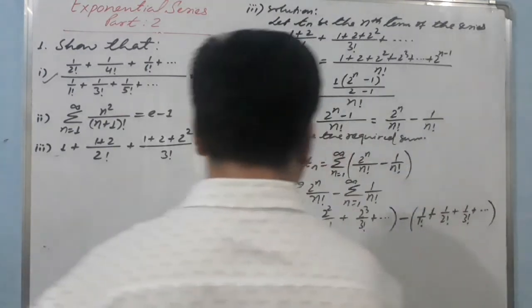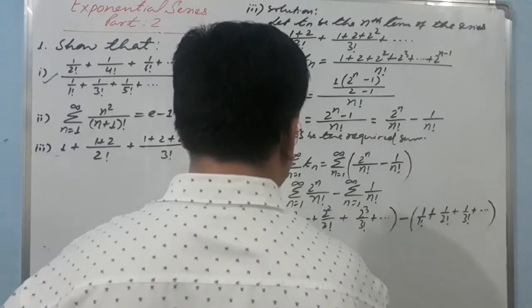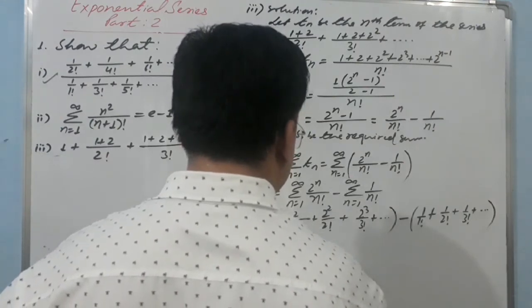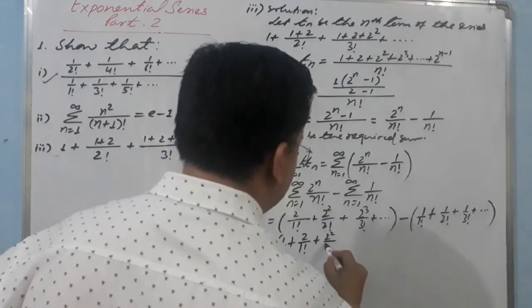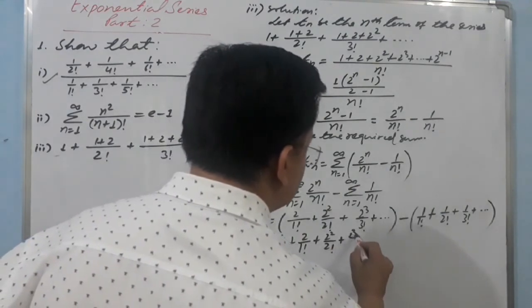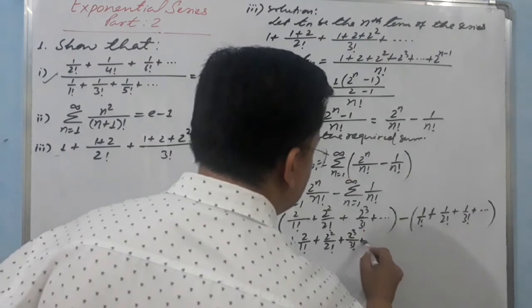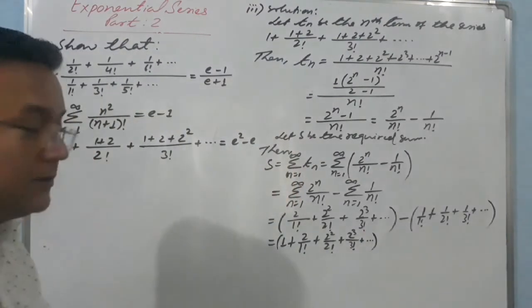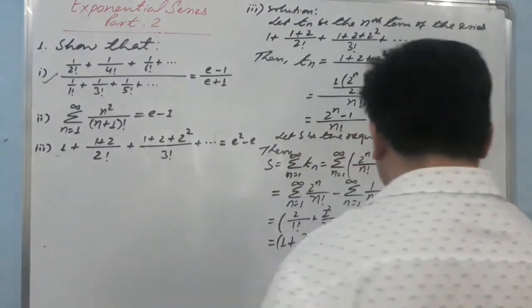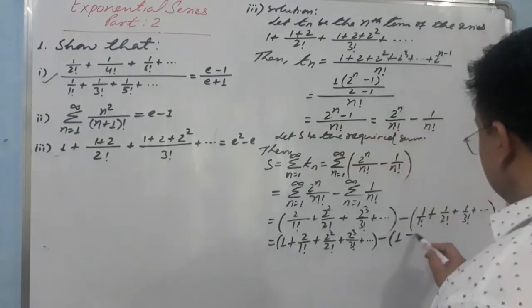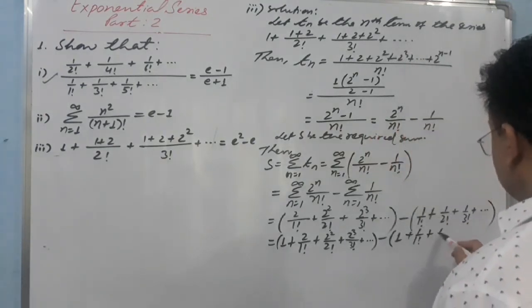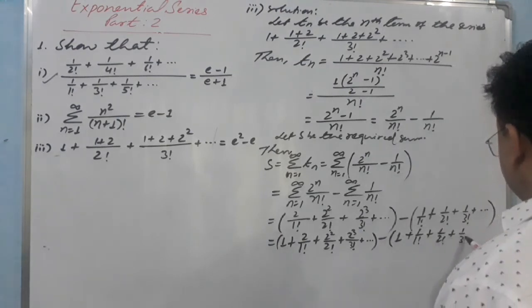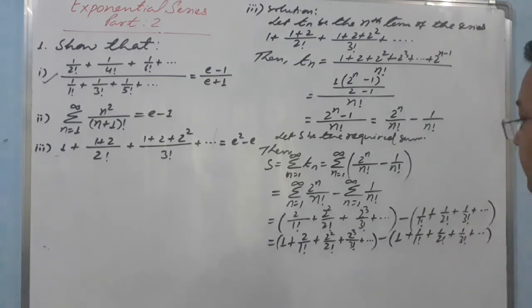So let's add 1. So 1 plus 2 upon 1 factorial plus 2 square upon 2 factorial plus 2 cube upon 3 factorial plus and so on, and minus, here also, 1 plus 1 over 1 factorial plus 1 over 2 factorial plus 1 over 3 factorial plus and so on. Now this is in formula, and this is also in formula.